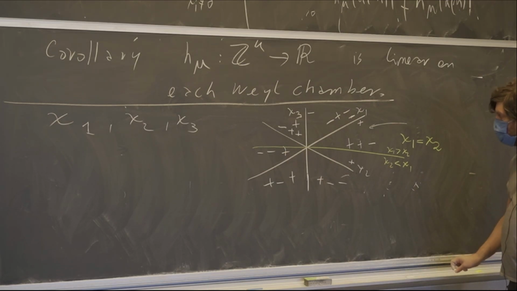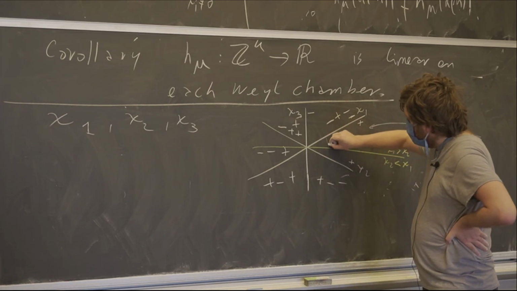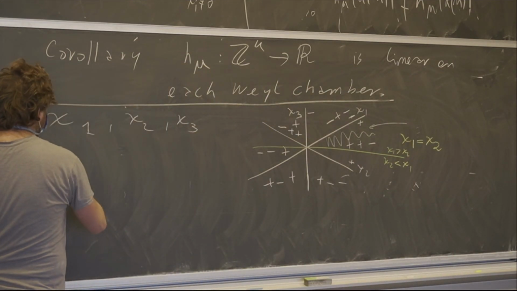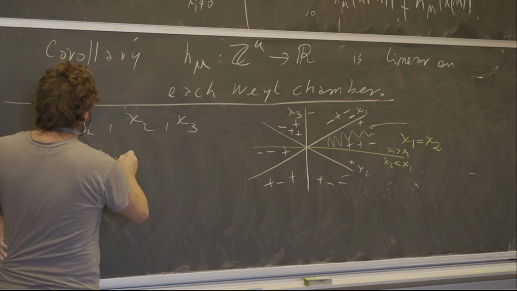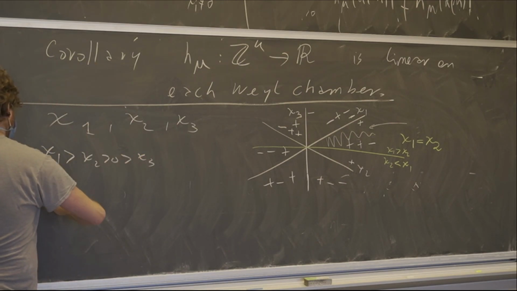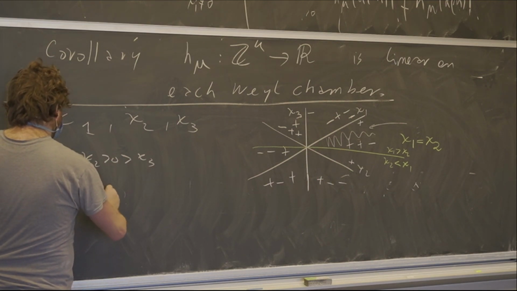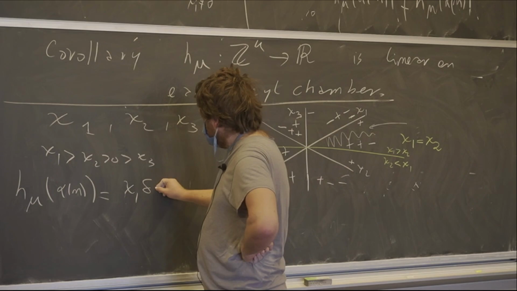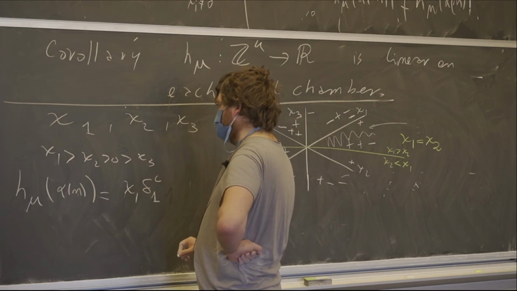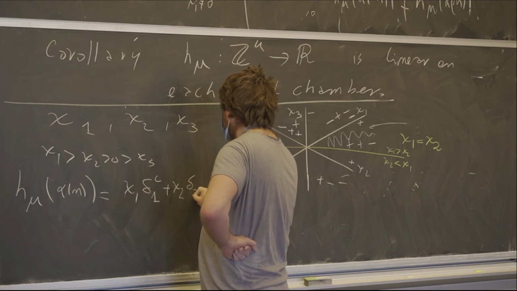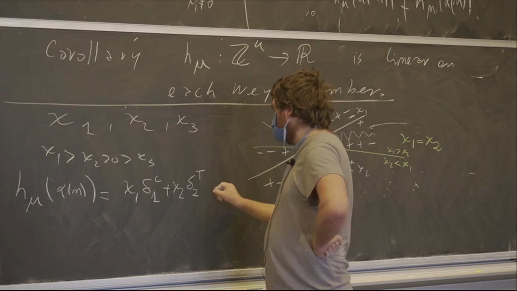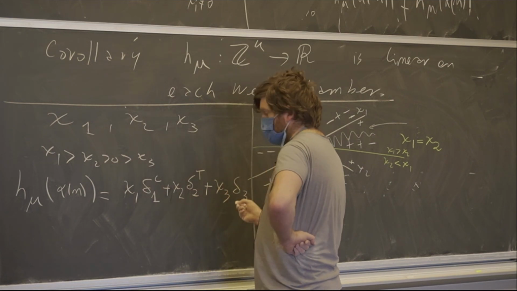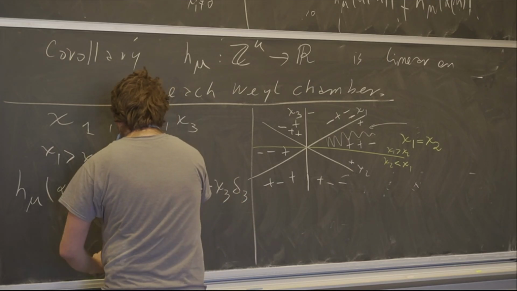So when I am on all this region, where chi 1 is larger than chi 2, positive, larger than chi 3, then Ledrappier-Young tells me that on this region this is chi 1 times delta 1 conditional plus chi 2 times delta 2 transverse plus chi 3 times delta 3, and delta 3 is just one dimensional, so we don't care. And I should have evaluated in the place.